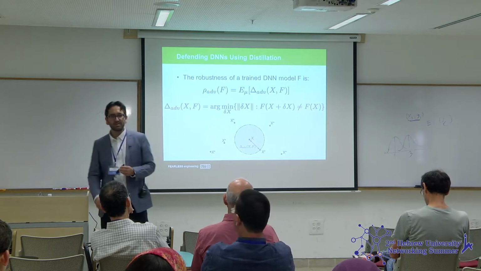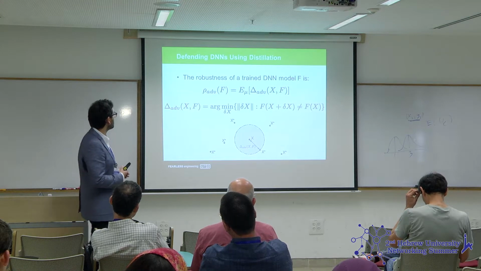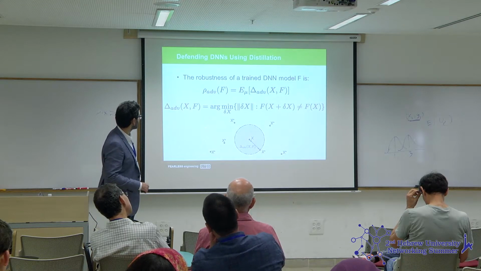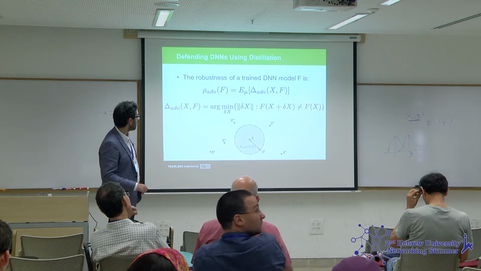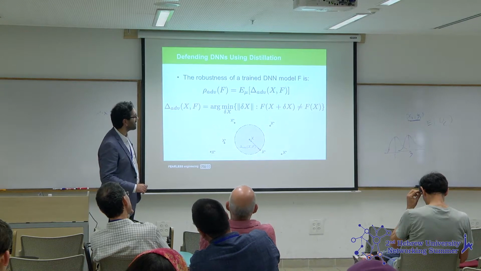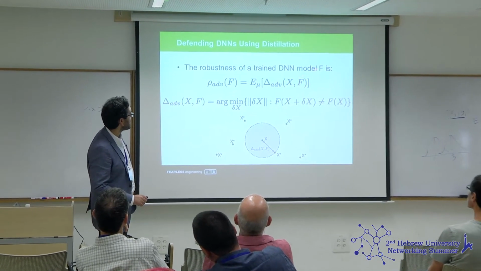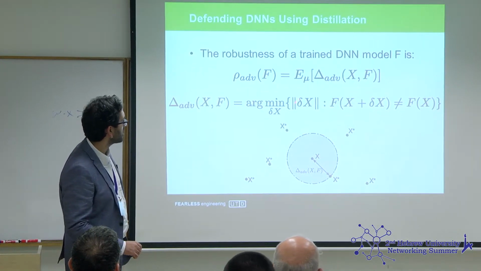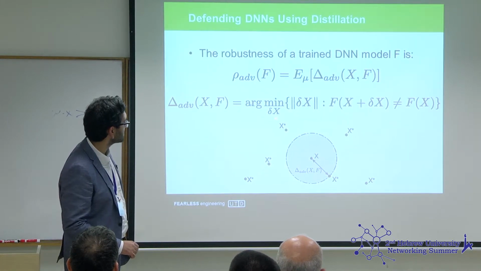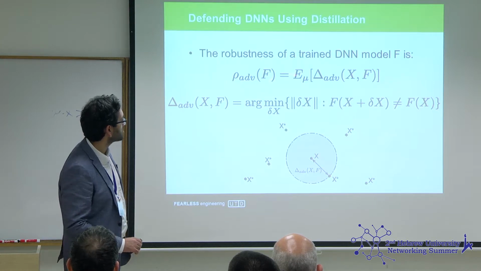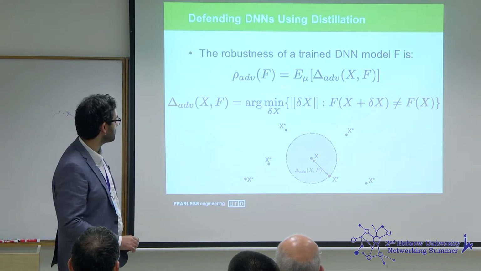So now, what does it mean from a defense point of view? They define robustness as a measure, and the goal is to consider the average advantage of the attacker given an X and the classifier, the DNN model F. You want the minimum distance that needs to be added to X such that the classification changes to be as large as possible.